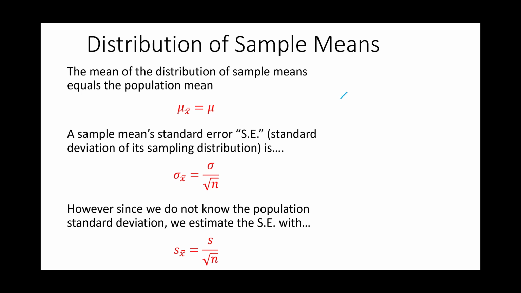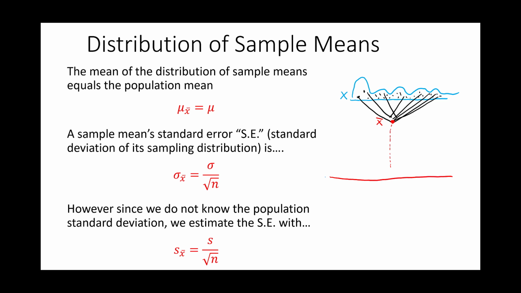For our distribution of sample means, we'll recap some things that we saw with proportions. If we remember, we could have some funky shaped distribution. And if we sampled enough observations, so each dot is a random observation selected in our sample, from all of those observations we calculated a sample mean, x bar. Then what we did is we plotted that mean below on a new graph, which represents sample means.